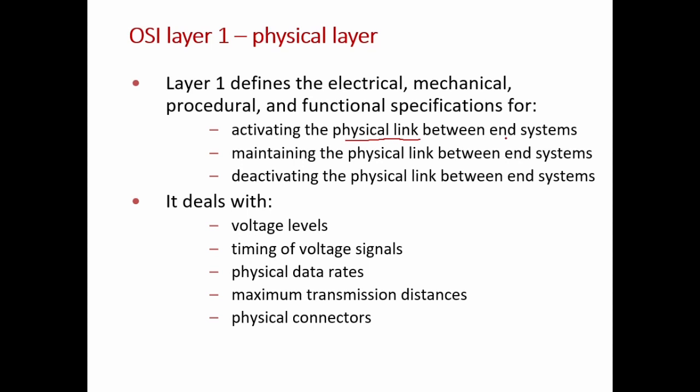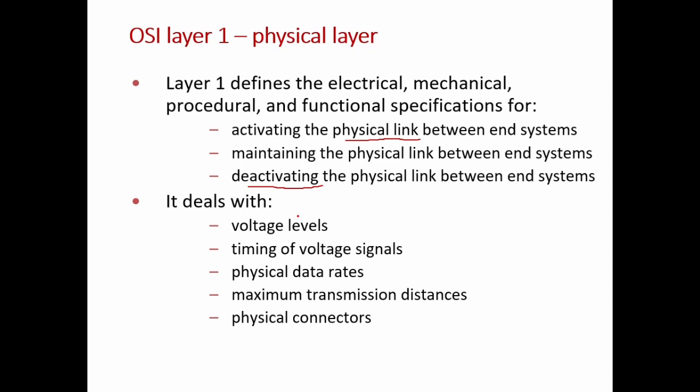Activating this physical link between end systems, maintaining it, and once the transmission is finished, deactivating the physical link. This is the main responsibility of the physical layer, but of course there are many things in between, and we will talk about that. It deals with voltage levels, timing of voltage signals, physical data rates, and so on.